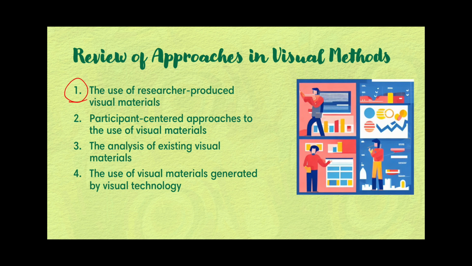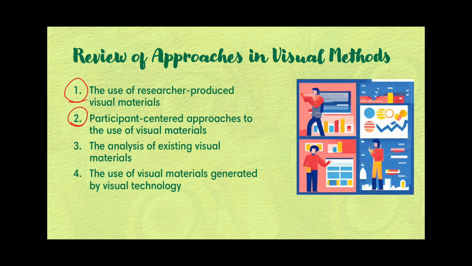For example, this could be visual ethnography, where you make use of your camera to create visuals or document the visuals of cultural practices. This can also be doing film, where the researcher is the one producing the visual data.